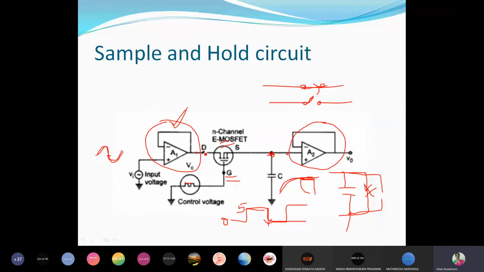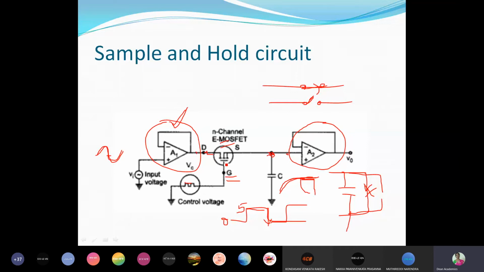Now here a MOSFET is connected. This MOSFET acts as a switch, and the switch can be closed or opened. The closing and opening of the switch is controlled by a voltage called the control voltage, which is given to the gate of the MOSFET.